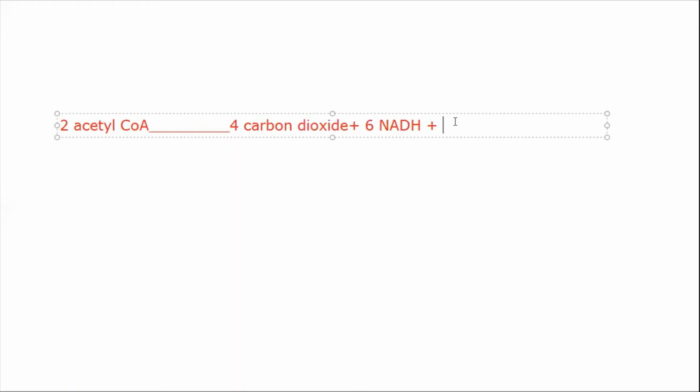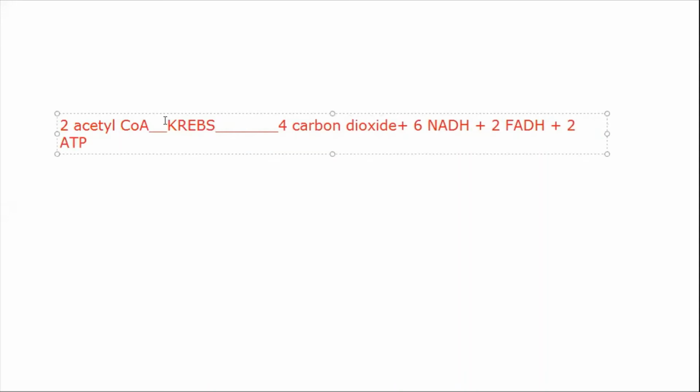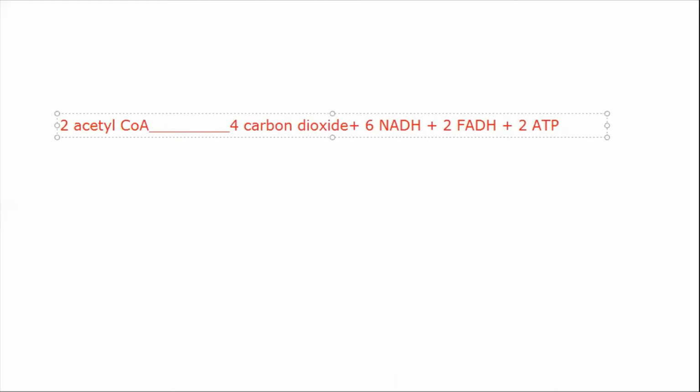So 6 NADH, 2 FADH2, plus 2 ATP molecules. This is simple. This will take place only in the Krebs cycle.